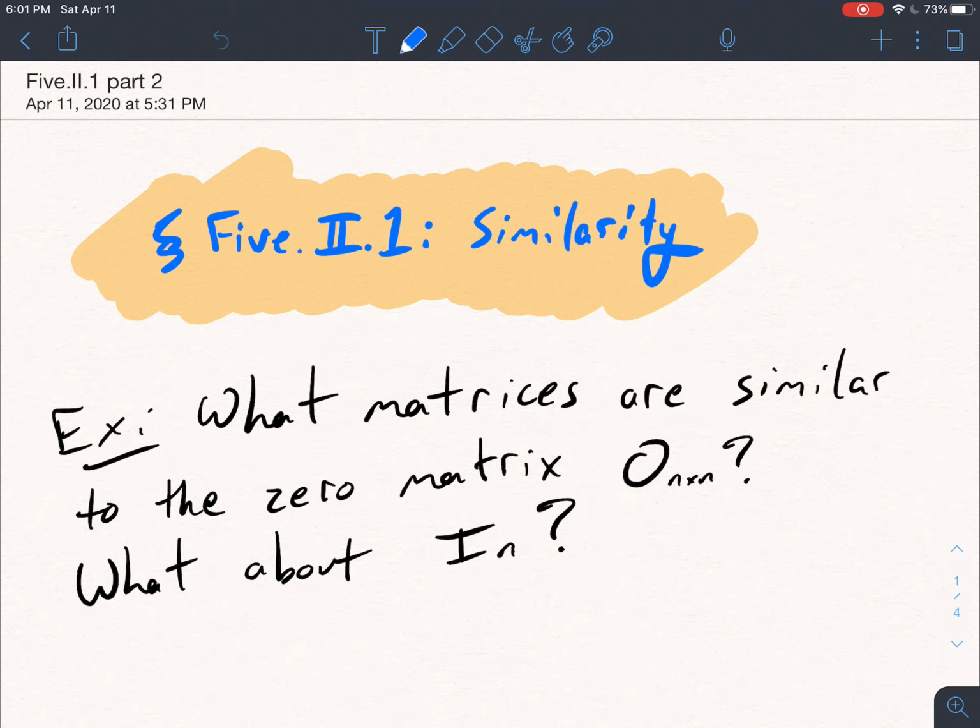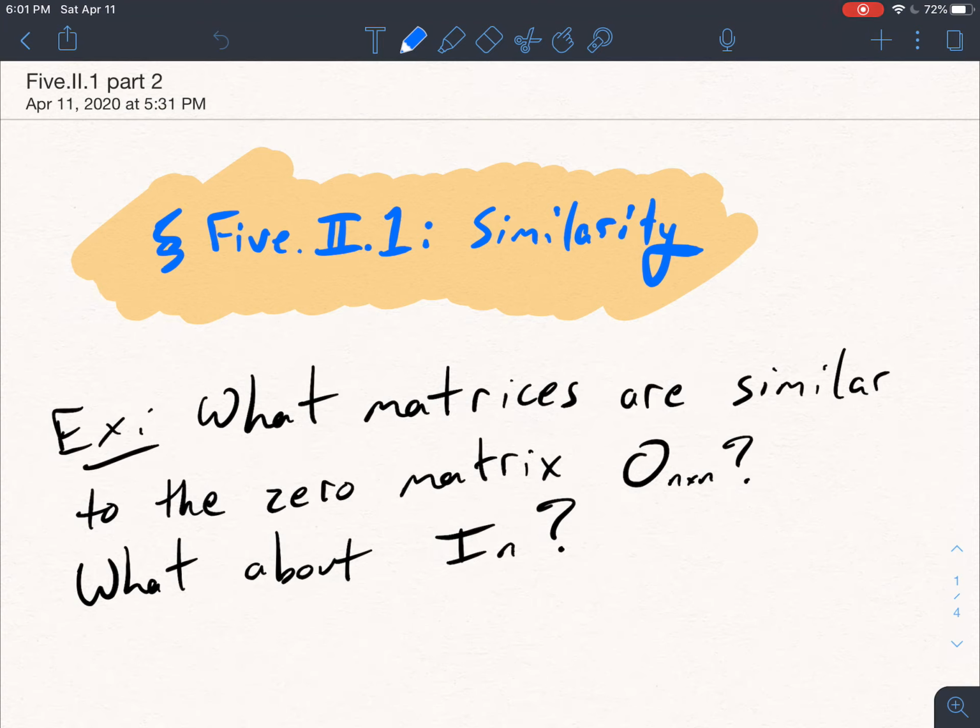We've seen some examples of similar matrices. We haven't seen anything on how to decide whether or not two matrices are similar. All we've seen so far are some examples of matrices that are similar to each other, and we got a sense for what that means with respect to representation of linear maps and all that good stuff.